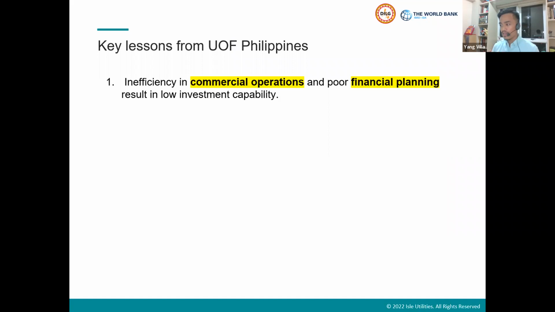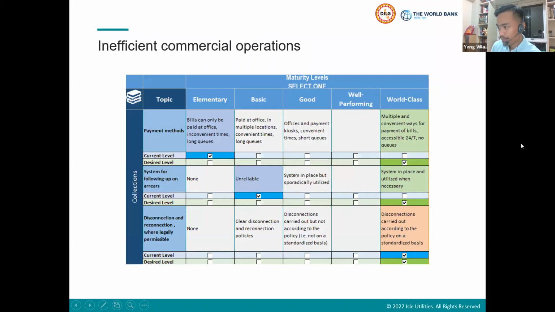However, what we envision for these utilities to break that vicious cycle is for them to improve their commercial operations and their financial planning practices so that they can increase their investment capability and therefore have the funds and capital to invest to address their IWS challenges.